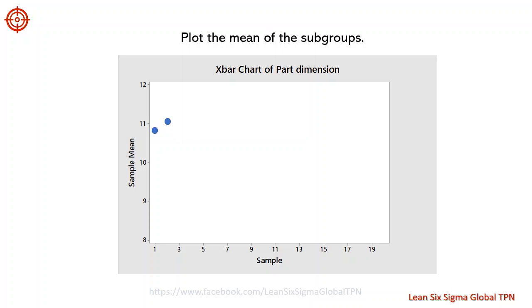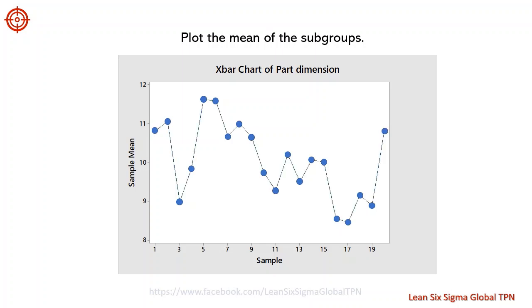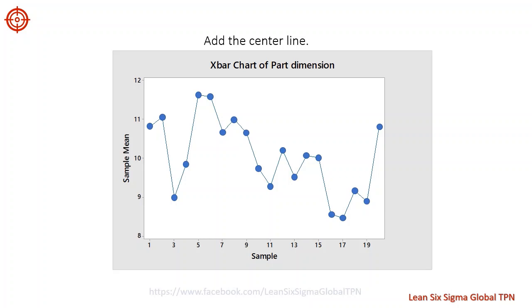We continue this for the remaining subgroups, and then connect the points. X double bar is the mean of the subgroup means. This value represents the central tendency of our process.